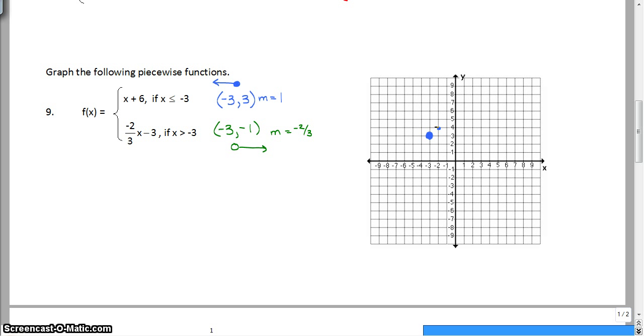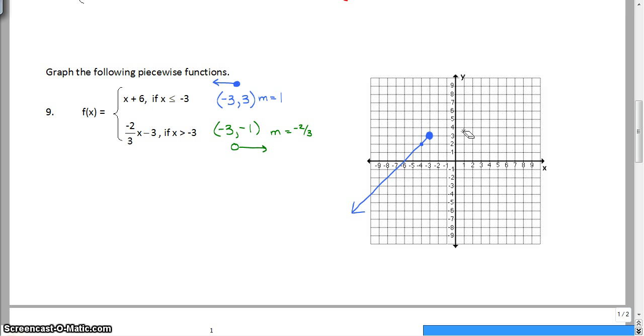But remember, you could also go down 1 and left 1, because down is negative, left is negative, and double negatives turn into positives. So you look at this and you go back to where I said x is less than, less is left. You actually start at your negative 3, 3, but you're going to graph to the left. Now I know what you're thinking, why am I going down if it's a positive slope? But it is a positive slope because you're going down and left, which is a double negative.